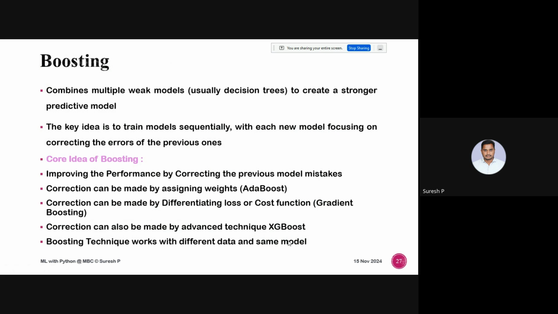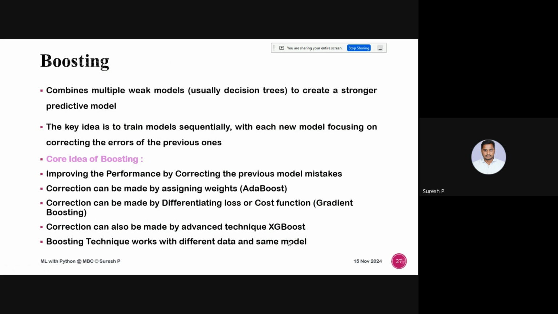Here the core idea of boosting is that it will improve the performance by correcting the previous model's mistakes. Correction can be made by assigning weights. So for assigning weights, we can use the AdaBoost algorithm. For example, for a particular sample or a particular record, if your model is providing the wrong result, that record will be given more weightage.